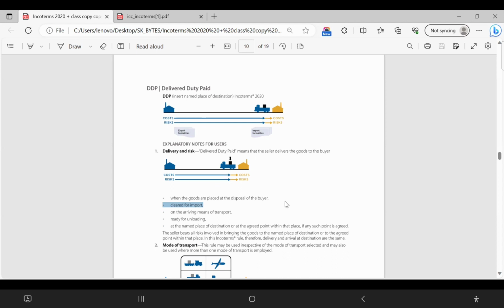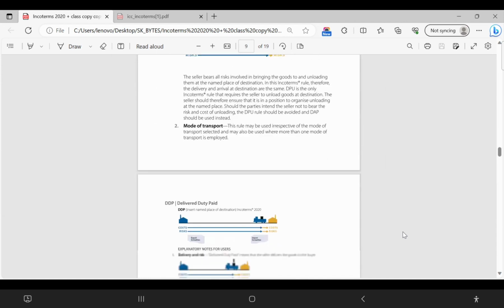So when the goods are placed at the disposal of the buyer, cleared for import, and the arriving means of transport is ready for unloading, the seller is not responsible for unloading. Unloading is by the buyer only, at the named place of destination or at the agreed point within that place, if any such point is agreed. The seller bears all risks involved in bringing the goods to the named place of destination or to the agreed point within that named place.